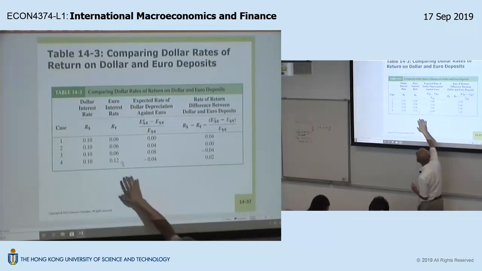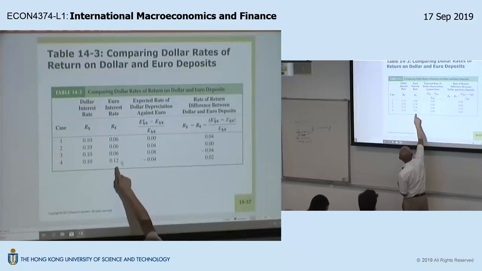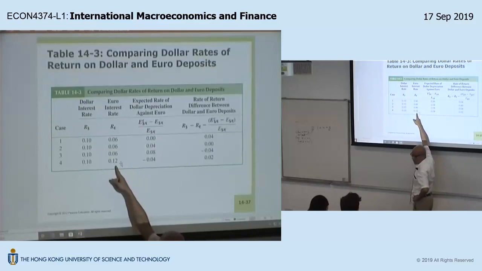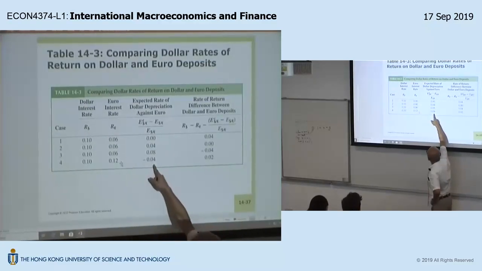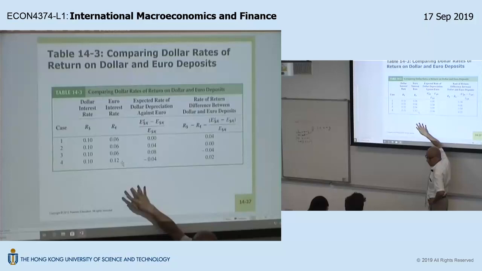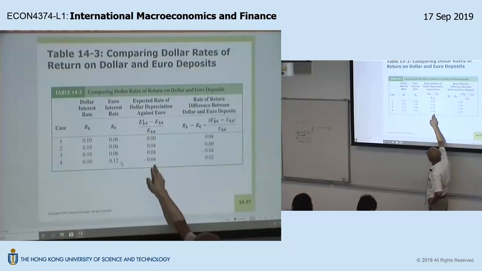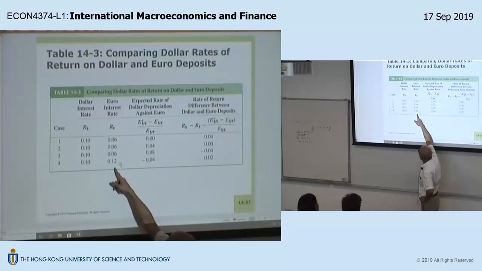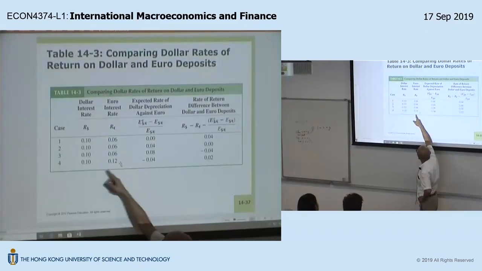Now, the last case is that the euro actually gives you a higher interest rate, but the dollar is expected to appreciate. So now it's just the reverse. You add this with this, and it turns out that it's less than this.